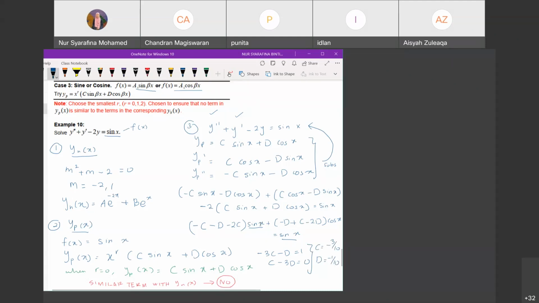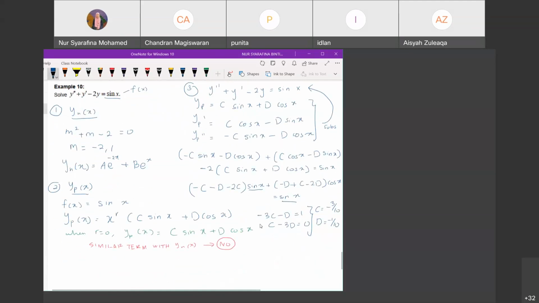So your yp should be minus 3 over 10 sin x minus 1 over 10 cos x. Then for your final solution, just combine both yh and yp.